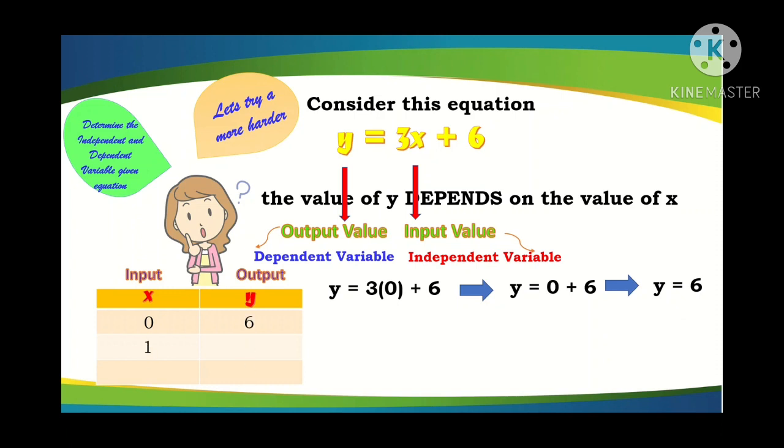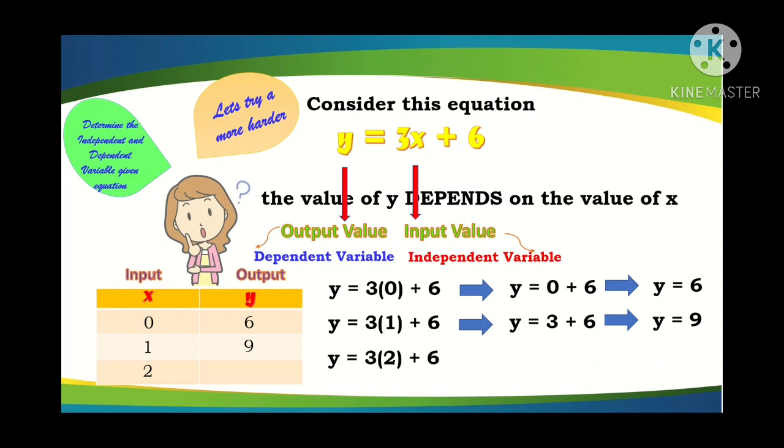And if the value of x is 1, let us substitute 1 into the equation. y = 3 times 1 plus 6. So y = 3 + 6 = 9. If x = 2, again substitute the value of 2 into the given equation: y = 3 times 2 plus 6. It will become y = 6 + 6. So y = 12.